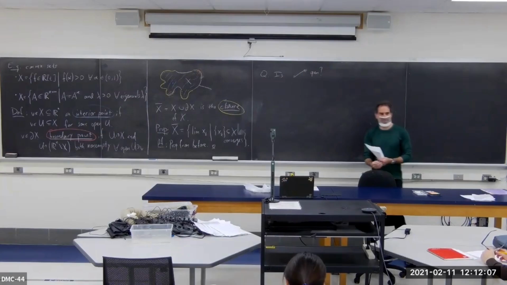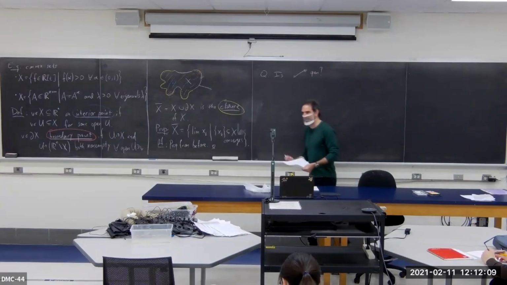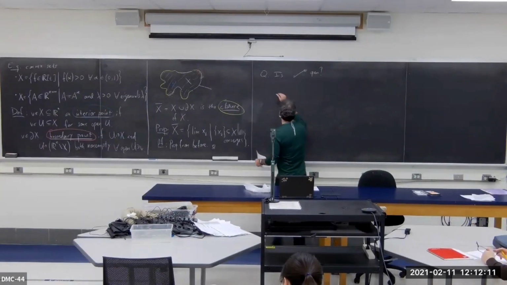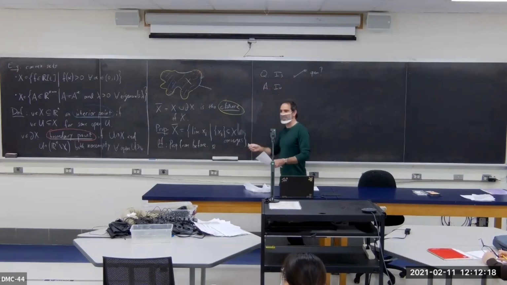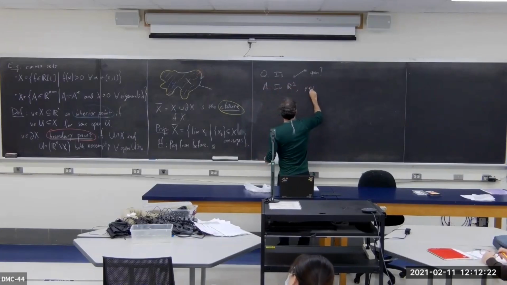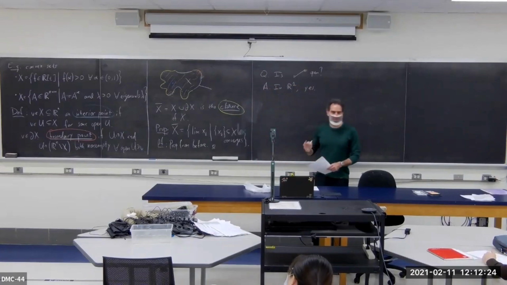Aha, and we have one that says it depends on which space. So how does it depend? In R1, yes. Inside the line, this is open. This is just an open interval.